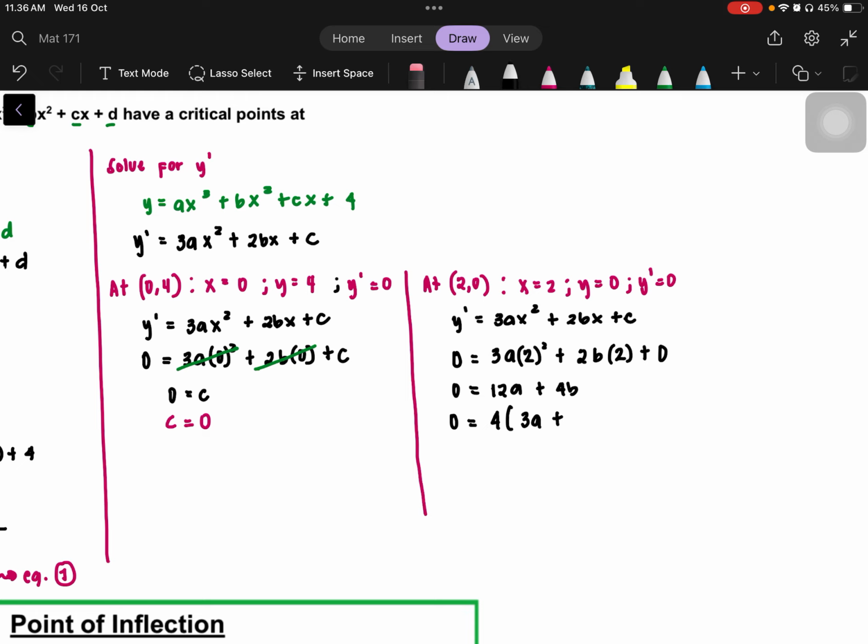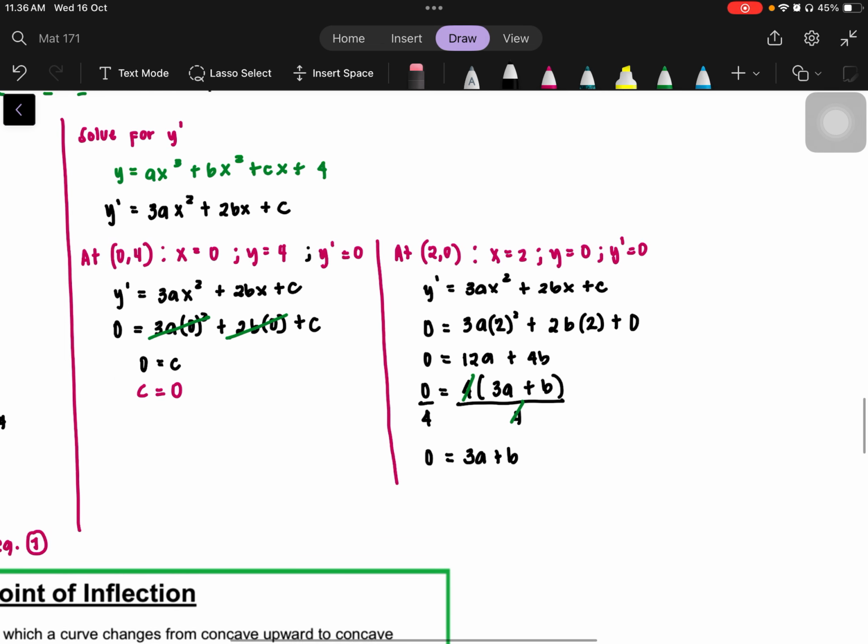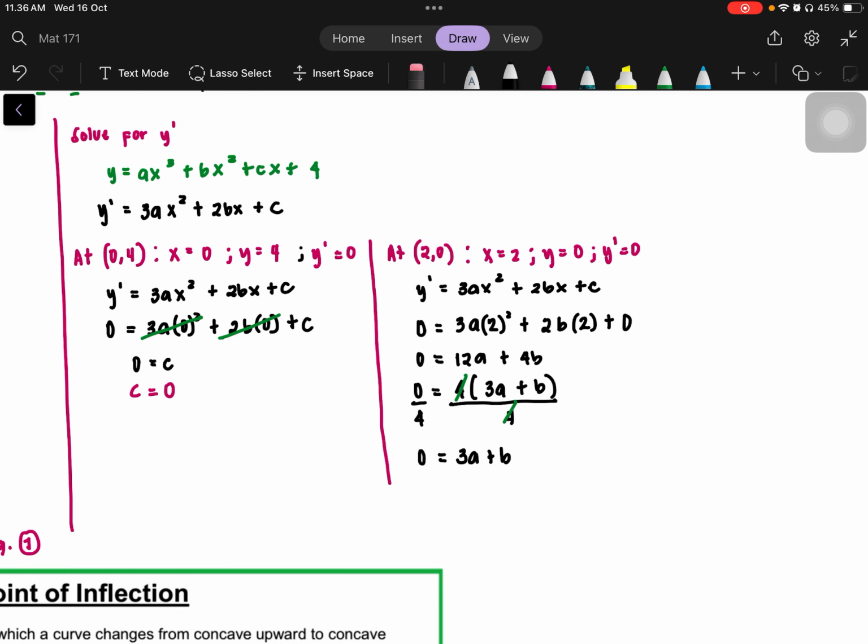Labas natin si 4. 12a divided by 4 is 3a plus 4b divided by 4 is b. Then, we divide both sides by 4 para ma-cancel. Okay, and then, ang matitira sa atin, 0 divided by 4 is 0 is equal to 3a plus b. Okay. So, mapapansin natin, may nakuha na naman tayong equation, and let us say that this is our equation number 2.